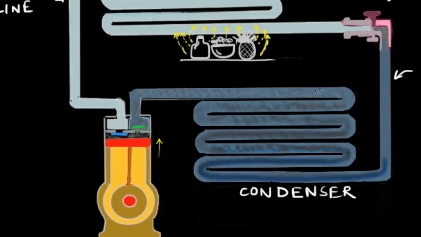So basically the gas here is at a higher temperature than what is outside the coils, right? So as a result, heat is transferred from the high pressure gas to its surroundings, and in the process of giving out heat, it's condensing and forming a high pressure liquid. So it's going from a high pressure, relatively high temperature gas to a high pressure liquid.